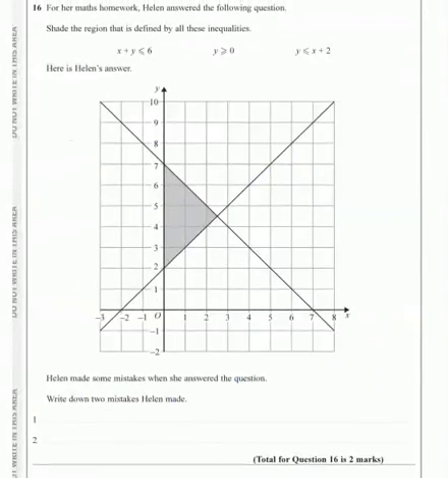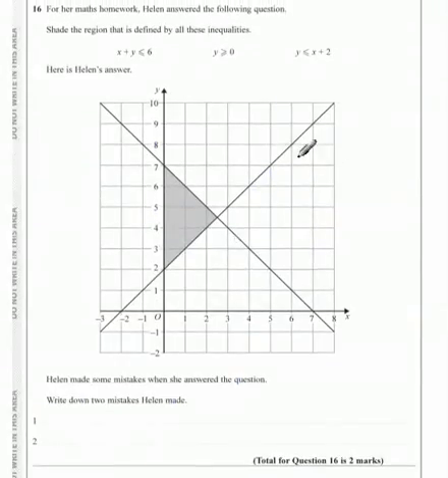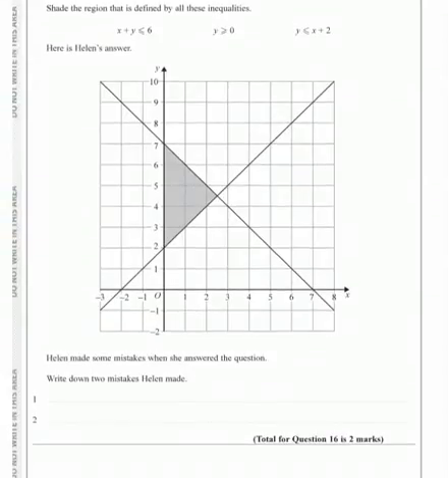Okay, this question we are looking for the mistakes that Helen has made with her inequalities here. Now she's actually made mistakes on all 3 of these lines, but let's go through each of them and point out the mistakes. So on equation number 1, x plus y is less than or equal to 6. Well, that should cross through at 6 on each of our axes, whereas she's done it through 7.